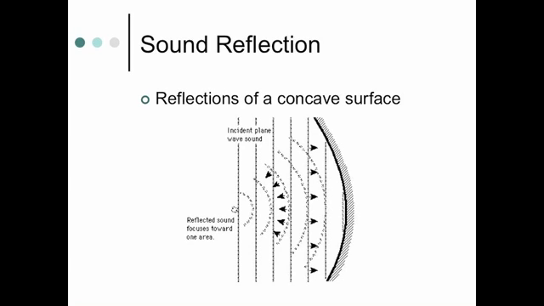Sound coming in and gathered by this is going to reflect off and go straight into the center. It's like radio telescopes, same principle. Very weak radio waves come into this huge reflector and get reflected to one point, so it amplifies them and they can be detected.